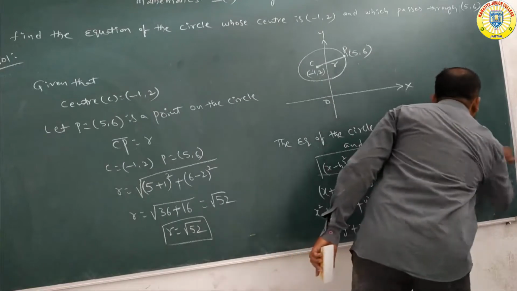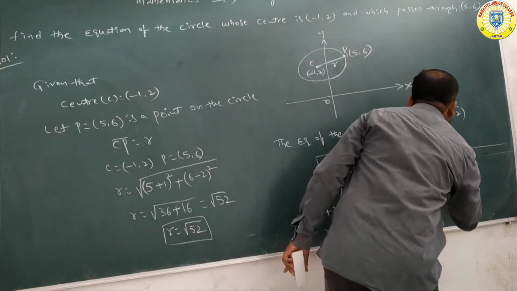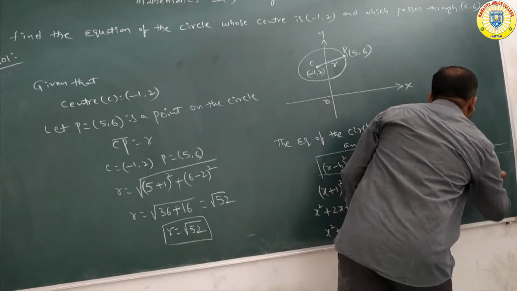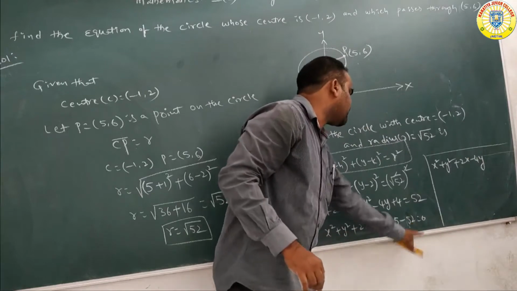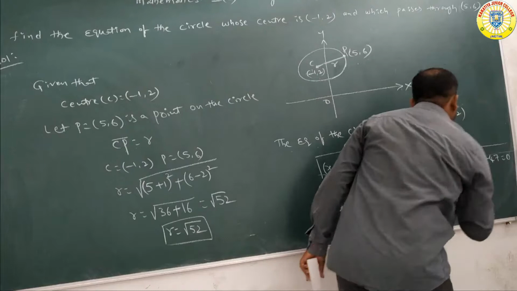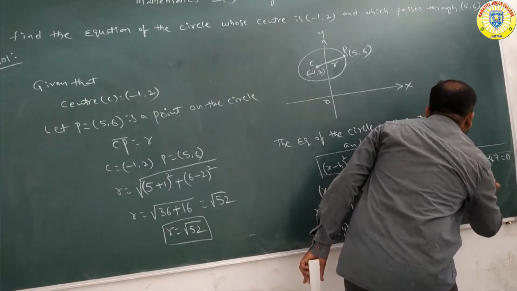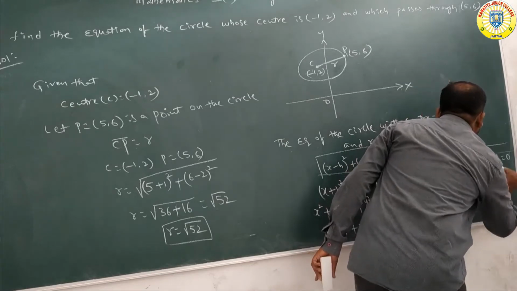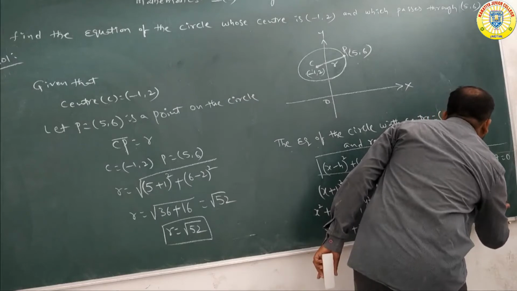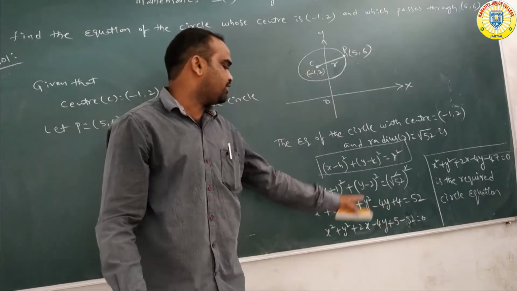Now we are simplifying this one. x square plus y square plus 2x minus 4y plus 5 minus 52, which is minus 47, is equal to 0. This is the required circle equation.